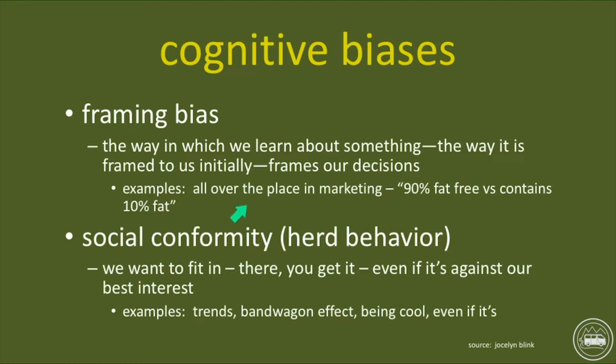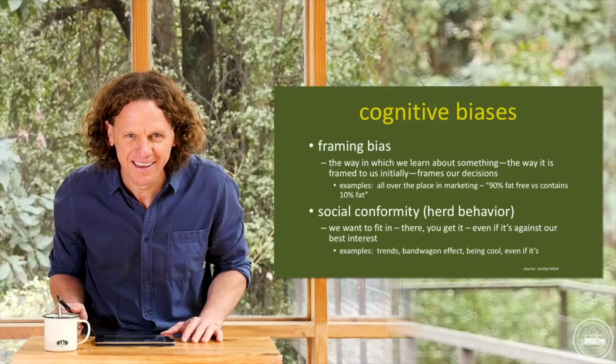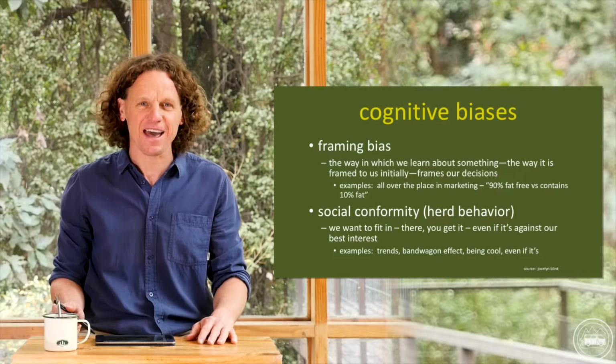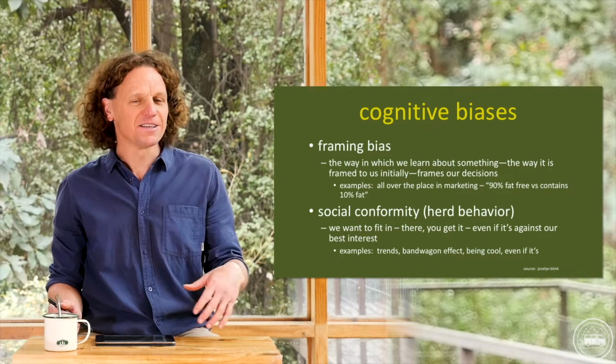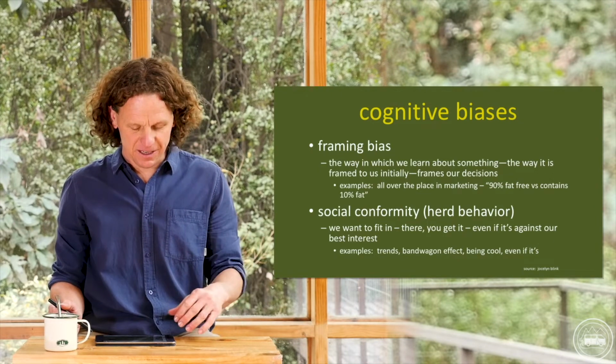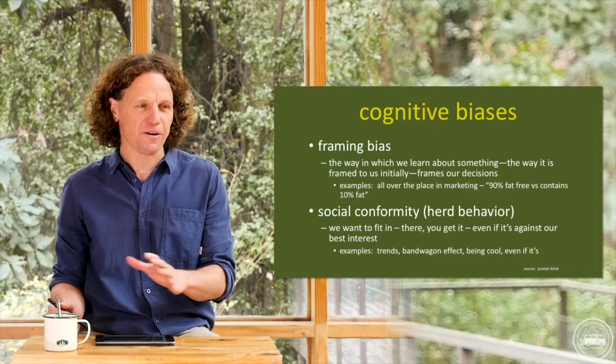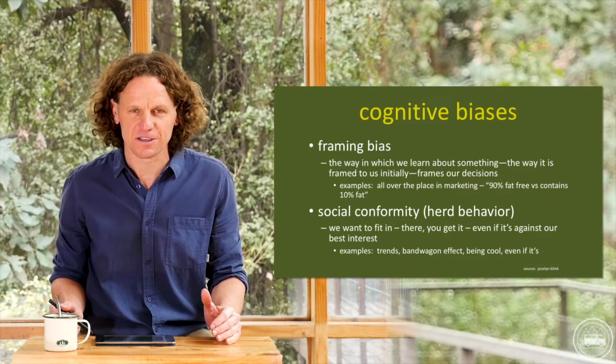A great example, and this is all over the place in marketing, is when you see something that says 90% fat-free, and you're like, oh wow, that sounds pretty good. But if you flip it around, 10% of that's fat. If you saw 10% fat, you might be like, yeesh. But if you saw 90% fat-free, you might think, oh wow, that's pretty healthy. Okay, so this is all over the place. We get framed all the time when it comes to decision-making processes.